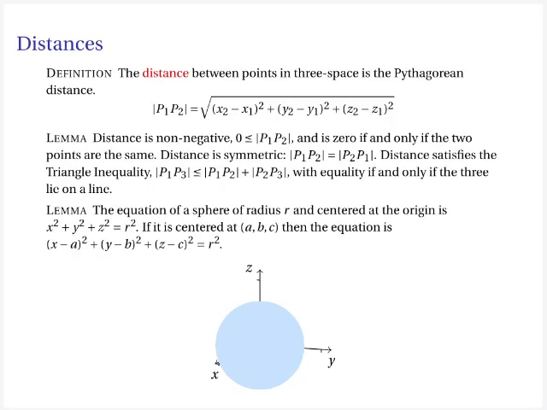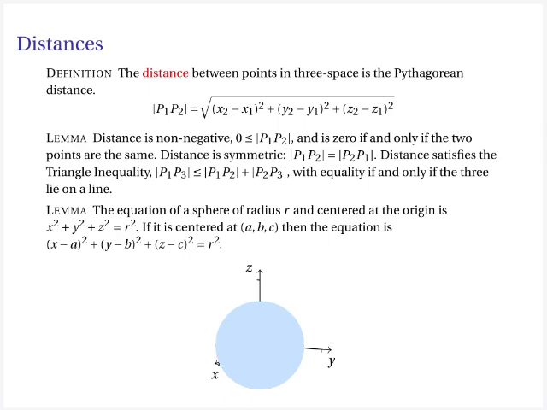We're still working in some kind of Euclidean space, some kind of Pythagorean space, so the distance between points is the Pythagorean distance, the square root of the sum of the squares. And distance satisfies all the rules that you would think it satisfies. Distance is non-negative. It's 0 if and only if the 2 points are the same. Distance is symmetric, that is to say the distance between P1 and P2 is equal to the distance between P2 and P1.